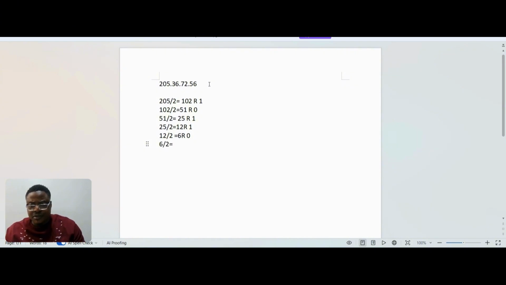6 divided by 2 is 3, remainder 0. 3 divided by 2 is 1, remainder 1. 1 divided by 2 is 0, remainder 1.